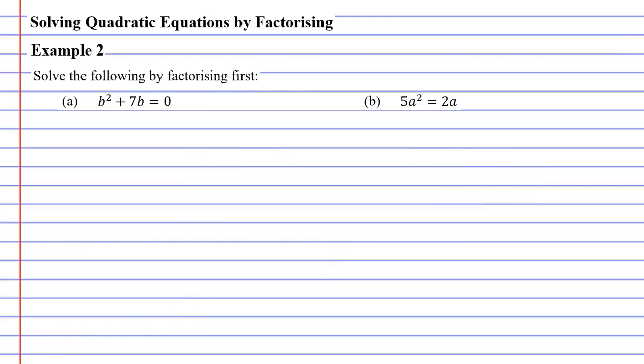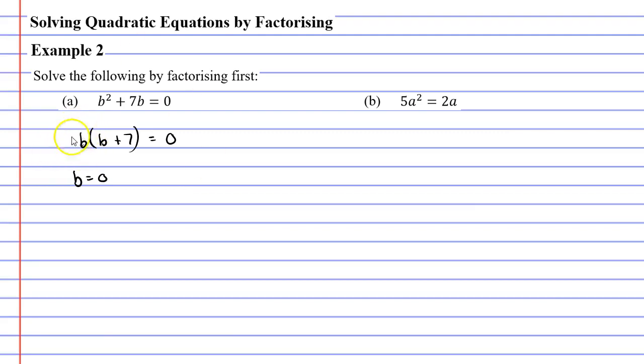Alright, let's get into our examples now, and the first thing we're going to do is we're going to factorise them. What do we get when we factorise b squared plus 7b? Well, we have a common factor of b here. So we'll take out our factor of b. B times b is b squared, and b times 7 will give us 7b. And this will equal 0. Now the first most obvious solution should be that b could equal 0.